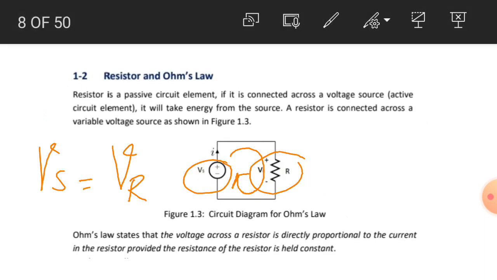Anyhow, we consider this simple circuit once again.